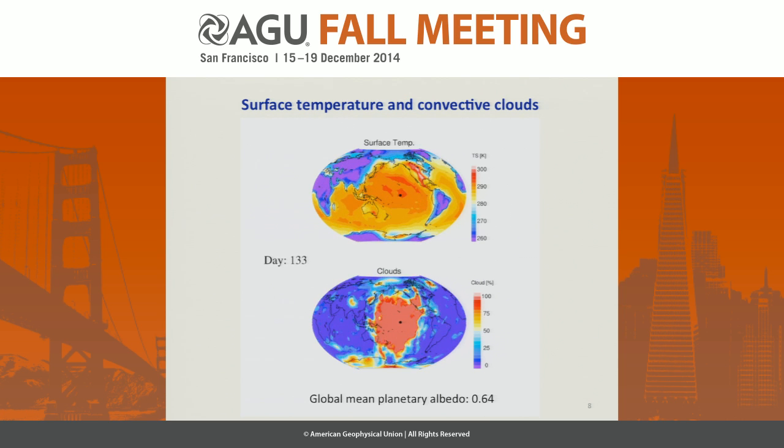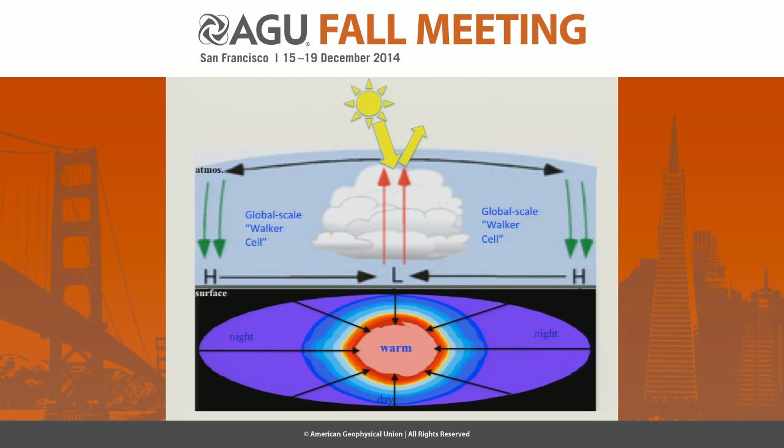Why are there clouds formed around the substellar region? This figure summarizes the mechanism. In the slowly rotating case, the surface of the day side is warmer than the night side. So there's strong convergence from the night side to the day side.